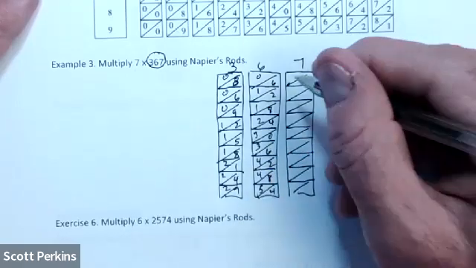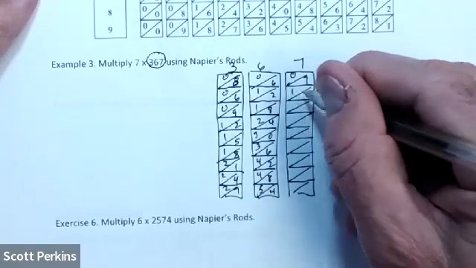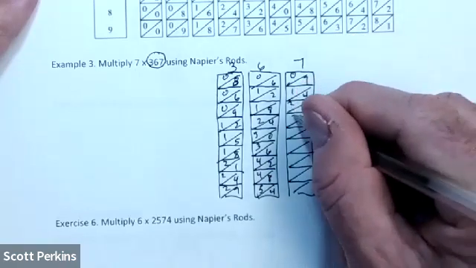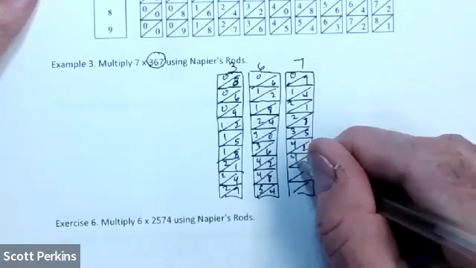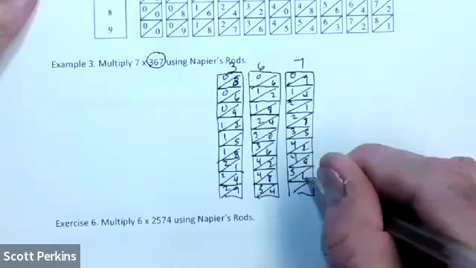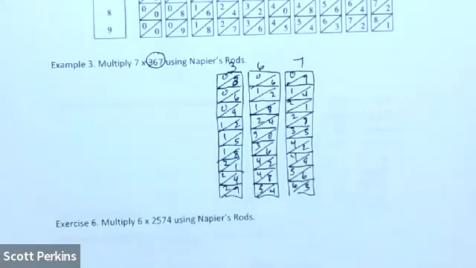And the final one, we'd have 7, and 14, and 21, and 28, 35, 42, 49, 56, and finally 63.